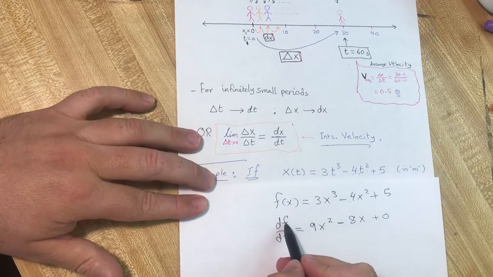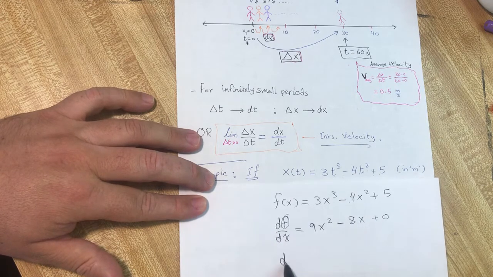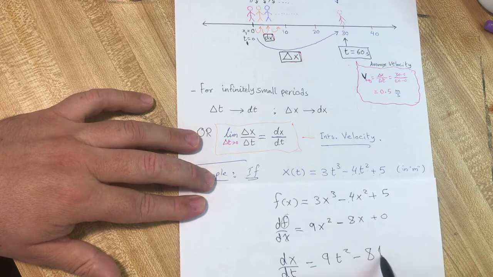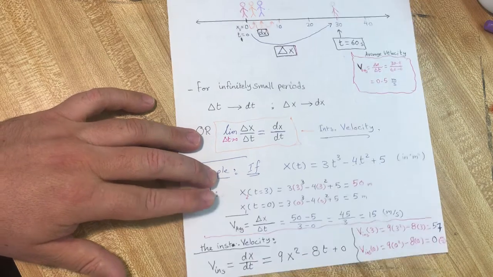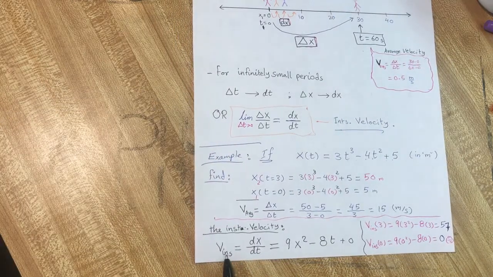I don't have f, I have x, and I don't have x here, it is t. So I have dx by dt, the change in position in time, which is equal to 9t squared minus 8t. This is it. I have the instantaneous velocity as a function of time.